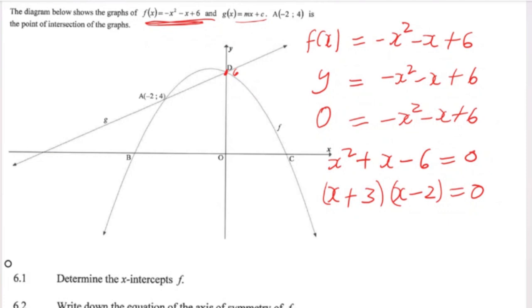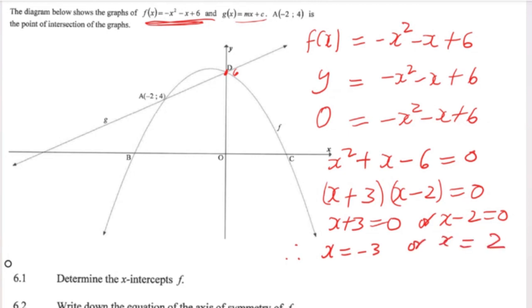So your x plus 3 is equal to 0, or your x minus 2 is equal to 0. Therefore, your x is minus 3, or your x is equal to 2. Those are your x-intercepts. We are going to go and substitute this into our graph. Because you've got 0 on the negative side.